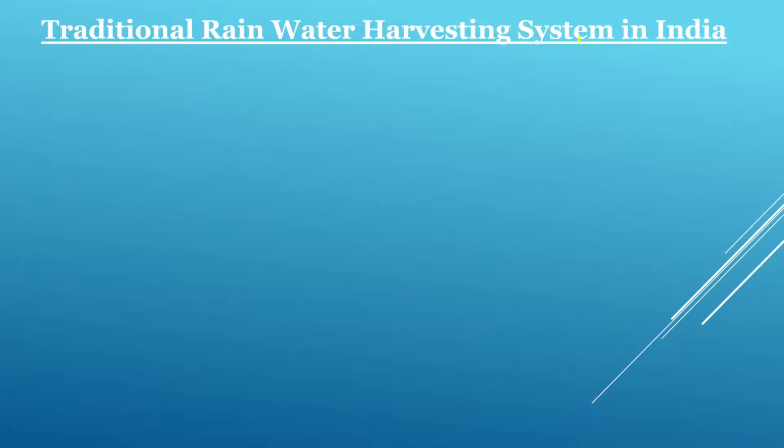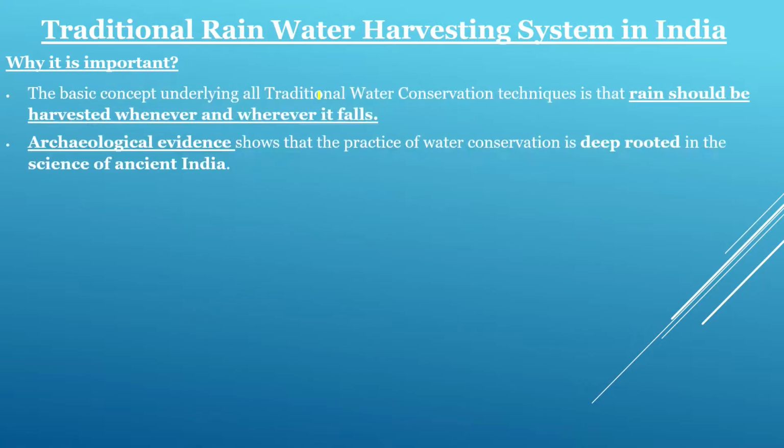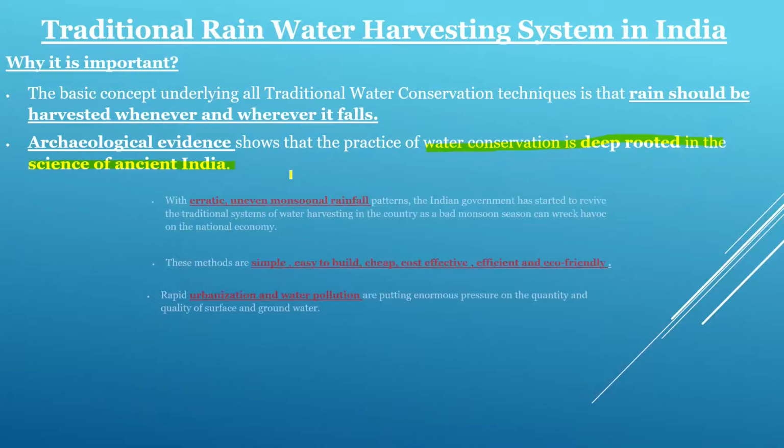Traditional rainwater harvesting system in India. Why is it important? The basic concept underlying all traditional water conservation techniques is that rain should be harvested whenever and wherever it falls. Archaeological evidence shows that the practice of water conservation is deep rooted in the science of ancient India, depending on the local geography.